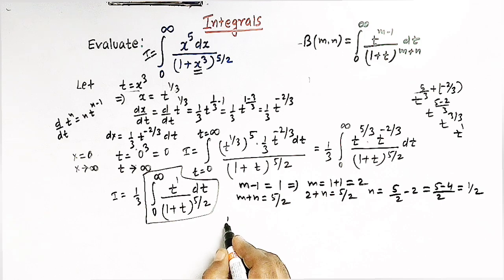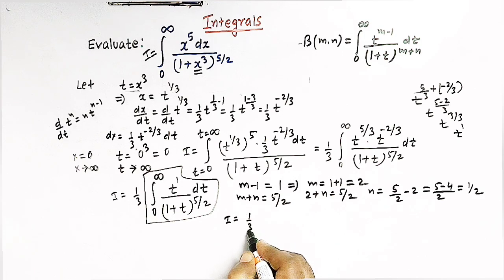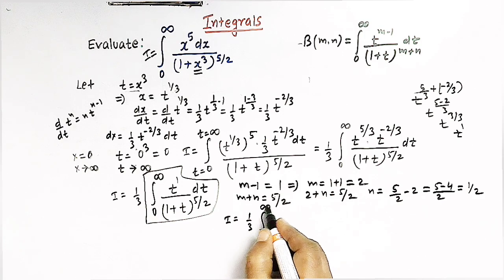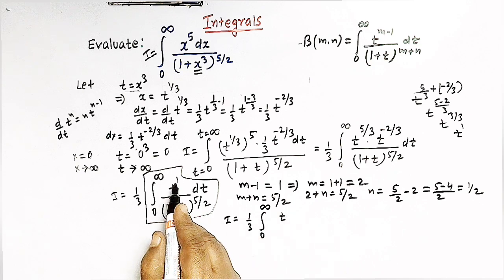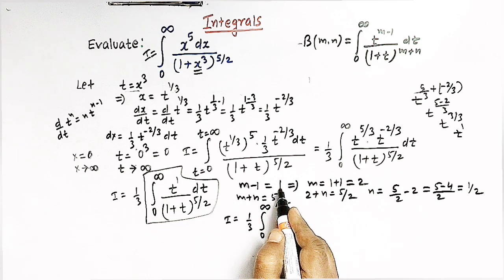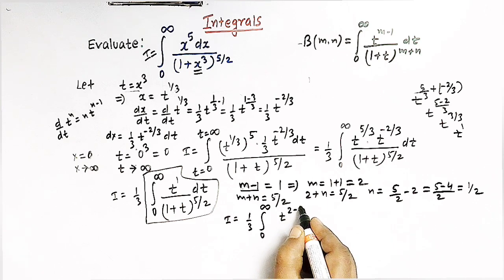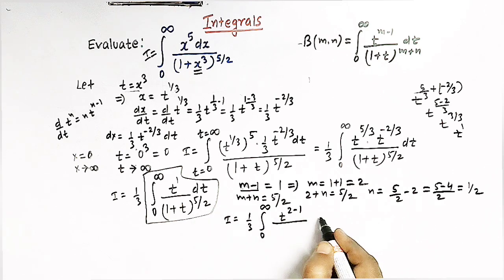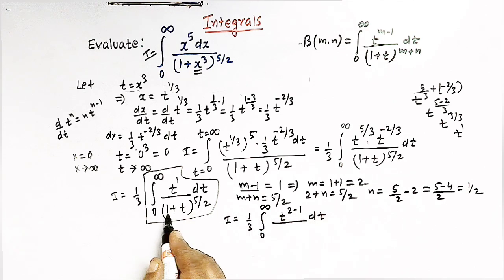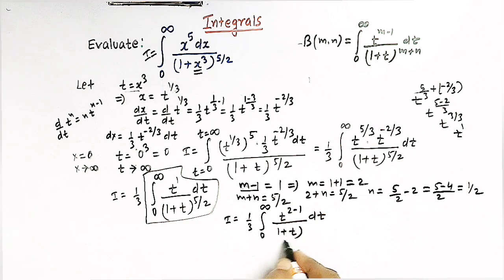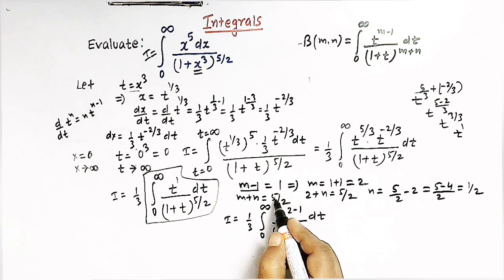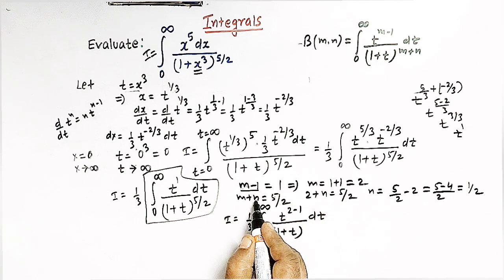So now we can write this integral I as 1 over 3, 0 to infinity, and t raised to 1. So 1 can be written as m minus 1. So m is 2, so we can write 2 minus 1, and here we have dt, and 1 plus t raised to 5 over 2. So 5 over 2 is m plus n.